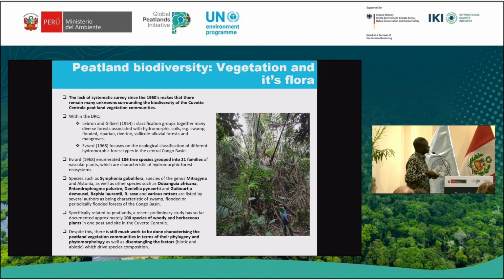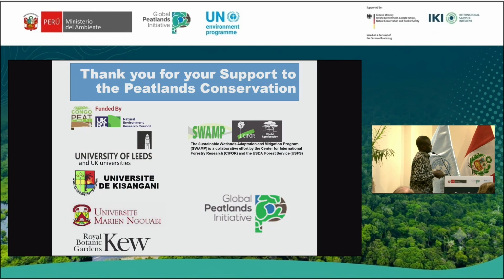But recently, in one site, we also identified 100 species of woody and herbaceous plants. In general, we're still learning and documenting because it's a large area and we have collected few data on the ground. We need to extend our samples to see what really characterizes the peatland flora and vegetation in that large area. I think that is what I can share with you right now.